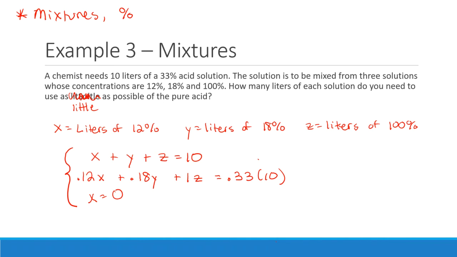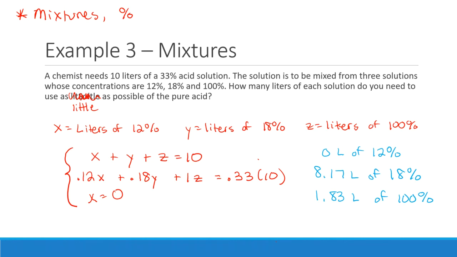So for this particular problem, when you go on to solve it, you will of course get 0 liters of the 12%. You will come out, and this is rounded, to 8.17 liters of the 18%. And 1.83, again rounded, of the pure acid, the 100%, when you go to solve that system.